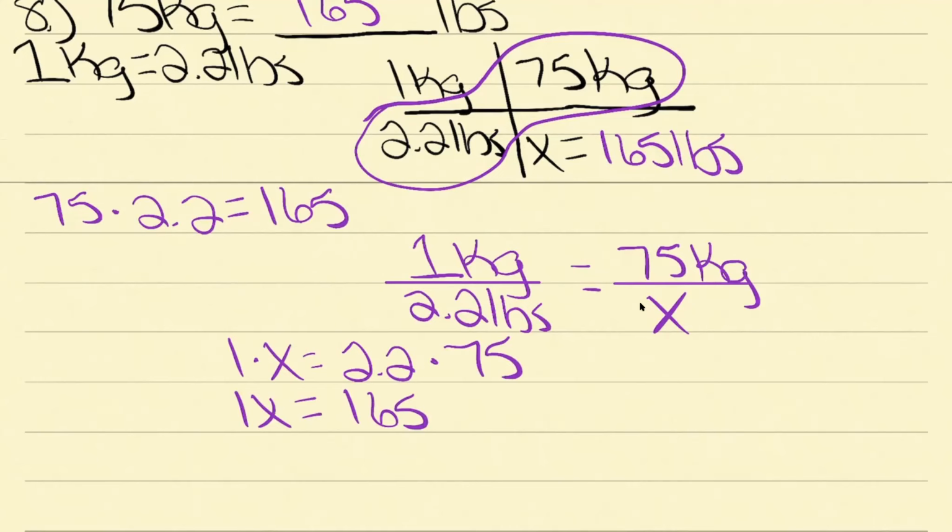And we had to isolate x. We had to get x by itself. So we do the opposite: divide by 1, divide by 1, and you end up with x equals 165. So it's the same thing. I just didn't do it this way, but this and this, same thing.